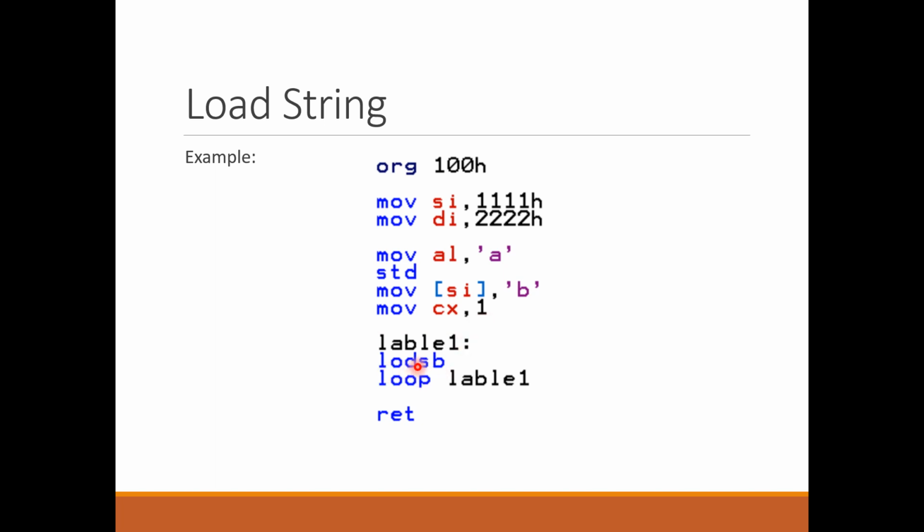Whenever we are saying load string in byte, what's going to happen, the data inside that memory location is going to be loaded to AL. So this value which is inside AL is going to be overwritten, and the B overwrites the A. So the value inside the AL register is going to be B.